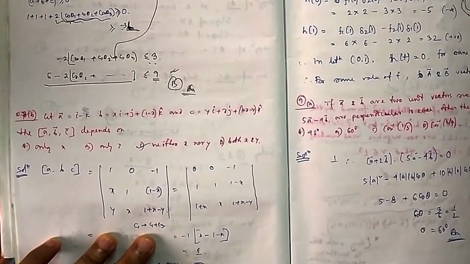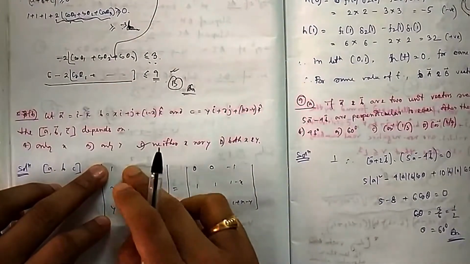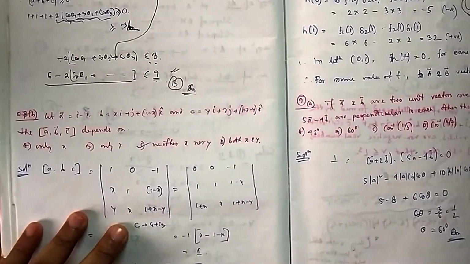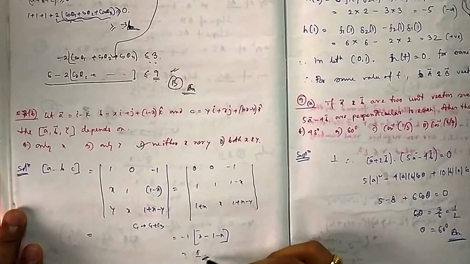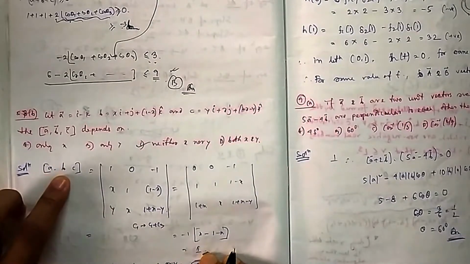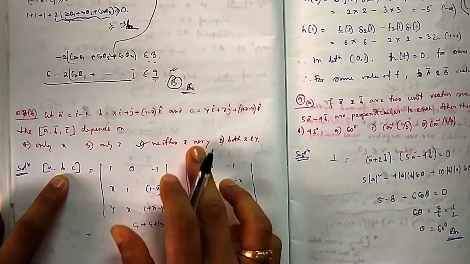But those who don't know, directly open the determinant, this into this minus 0 into. Once you open it and simplify, you will finally get the answer as 1. That means there is no x and y. So box ABC doesn't depend on x and doesn't depend on y. It is fixed at 1.